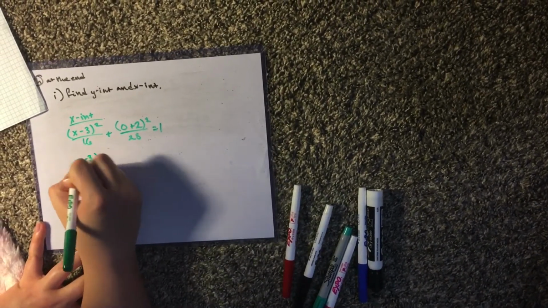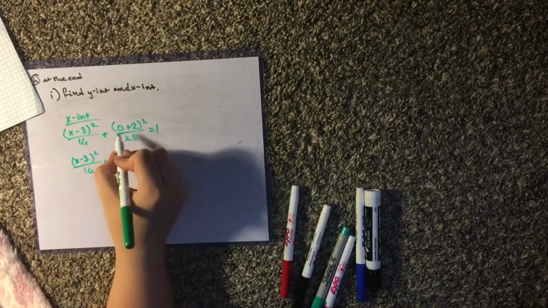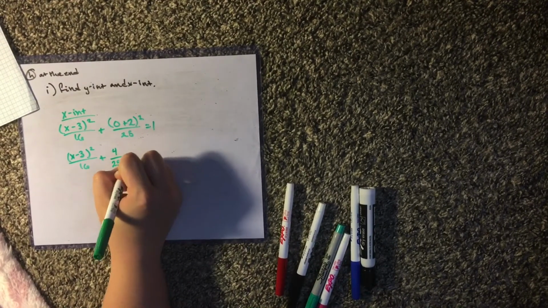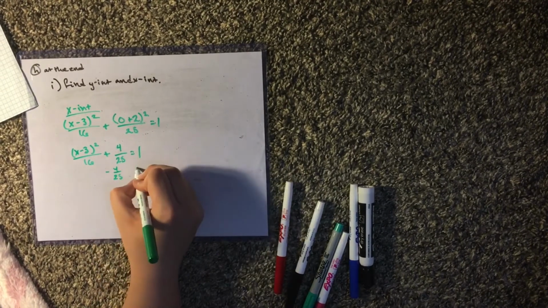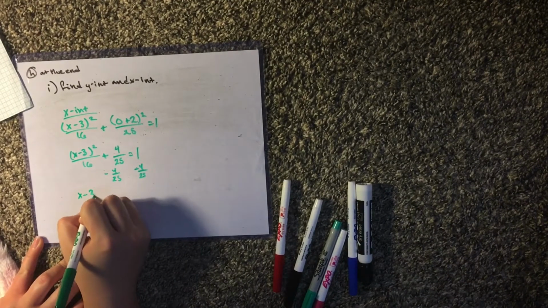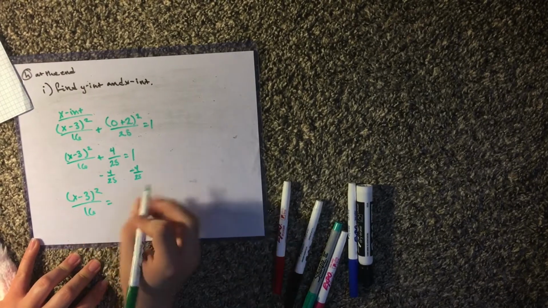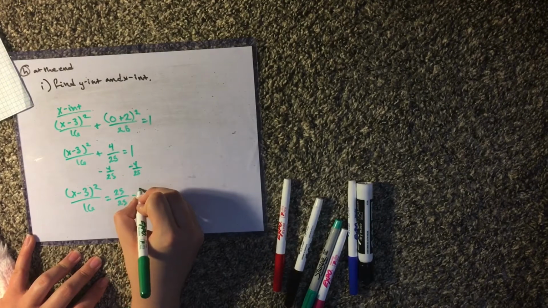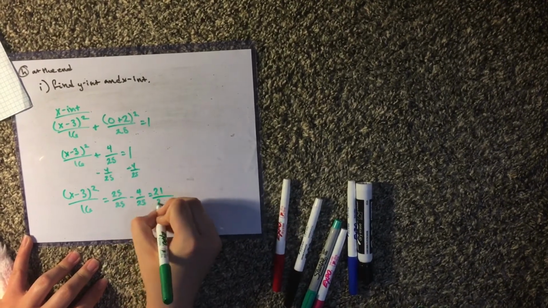So (x minus 3) squared over 16, plus, we know it's 2 squared, 4 over 25, equals 1. We're going to subtract 4 over 25 from each side to get this one even more by itself. (x minus 3) squared over 16 equals 25 over 25 minus 4 over 25, which is 21 over 25.